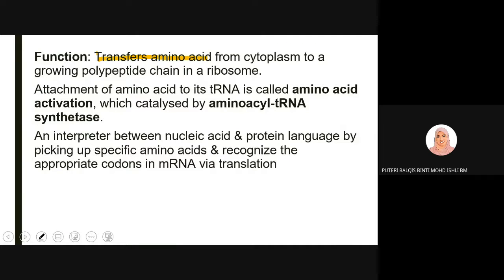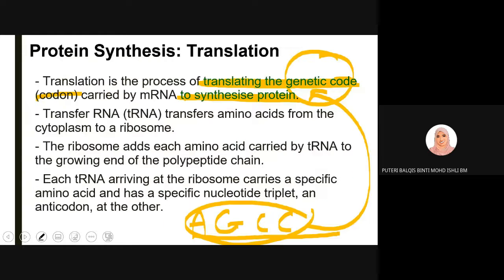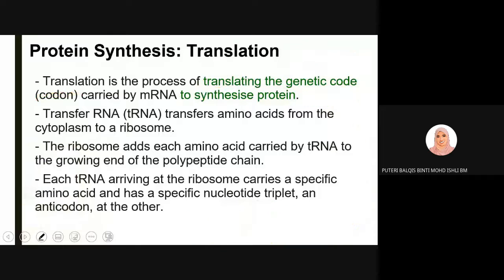Attachment of an amino acid to its tRNA is called amino acid activation, which is catalyzed by aminoacyl tRNA synthetase. In the translation process, there are two enzymes that you need to know.